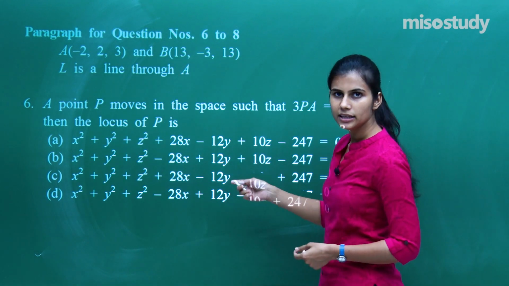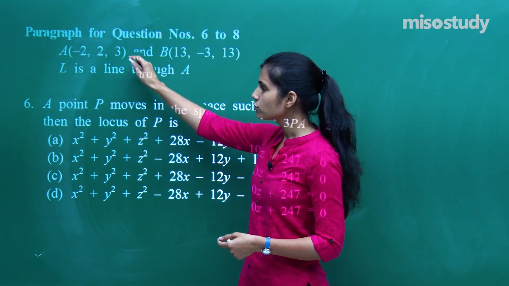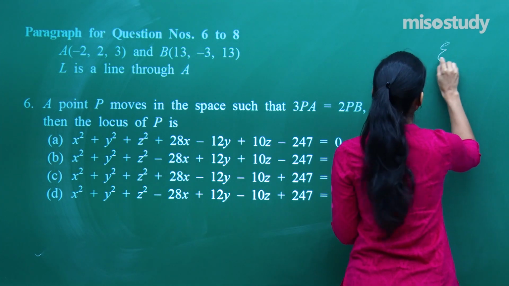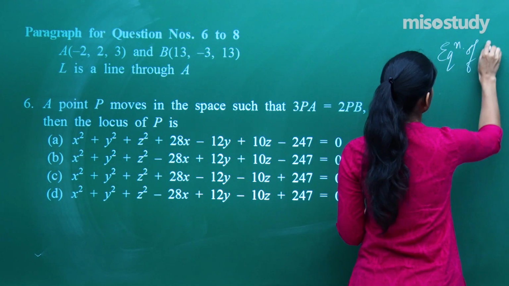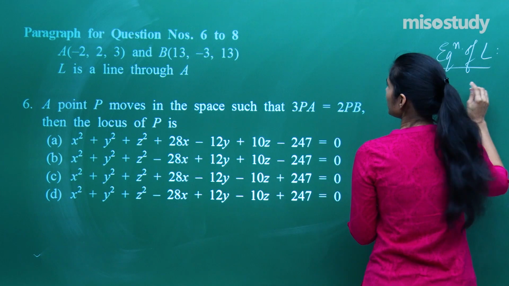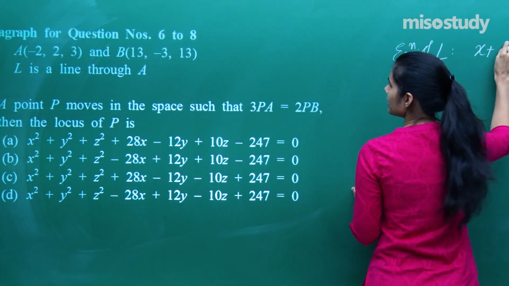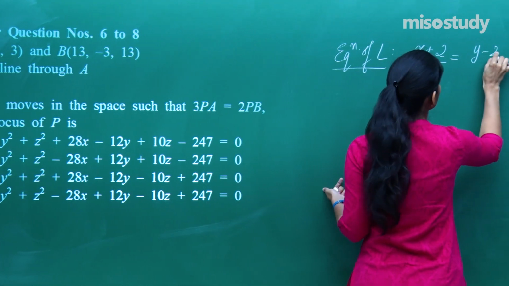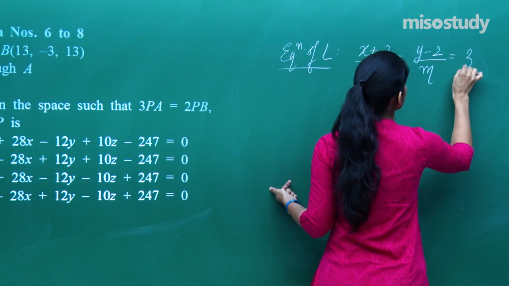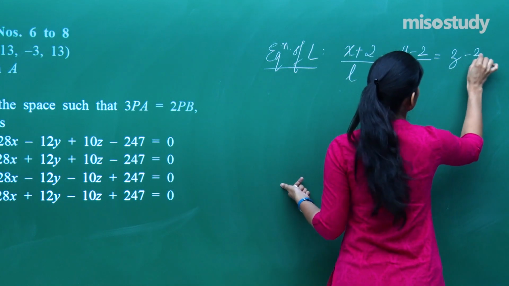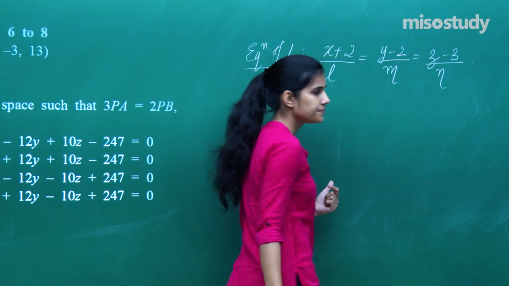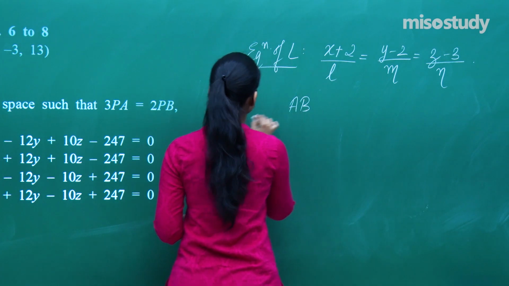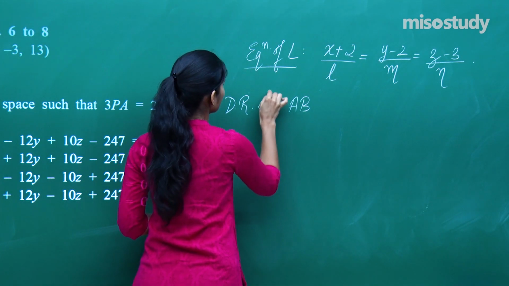This is my A and B. Here line L is passing through point A. If my line is passing through point A, I can say the equation of L will be somewhat like x plus 2 upon L equals y minus 2 upon m equals z minus 3 upon n. Clear? Now over here, if I talk about AB, what are the direction ratios of AB?